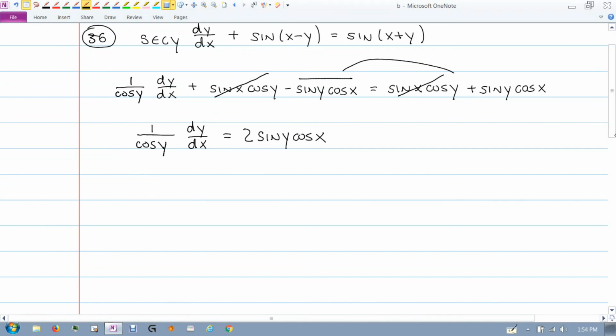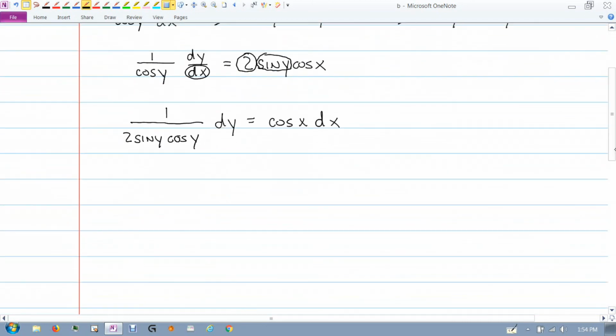So how about I divide both sides by sine y and multiply both sides by dx. So I'll have 1 over, oh, you know what? I'm going to divide by 2 sine y, and you'll see why I'm doing that in a second. I have 2 sine y cosine y dy, and then on the right hand side I multiplied by dx, so all I should have is cosine x dx. Well, that's going to work out nice.